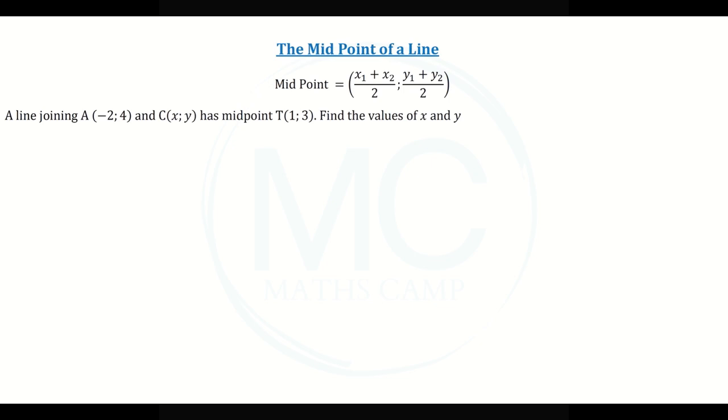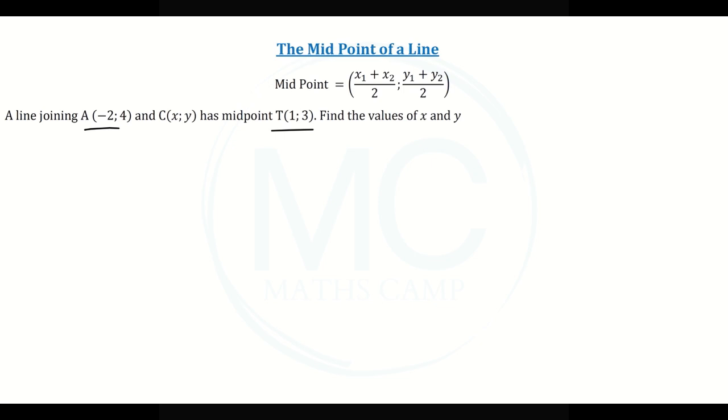In this case, T is the midpoint of A and C. We have the coordinates of point A and the midpoint, but we need to find the coordinates of point C. To make it easier, let's look at each coordinate independently.